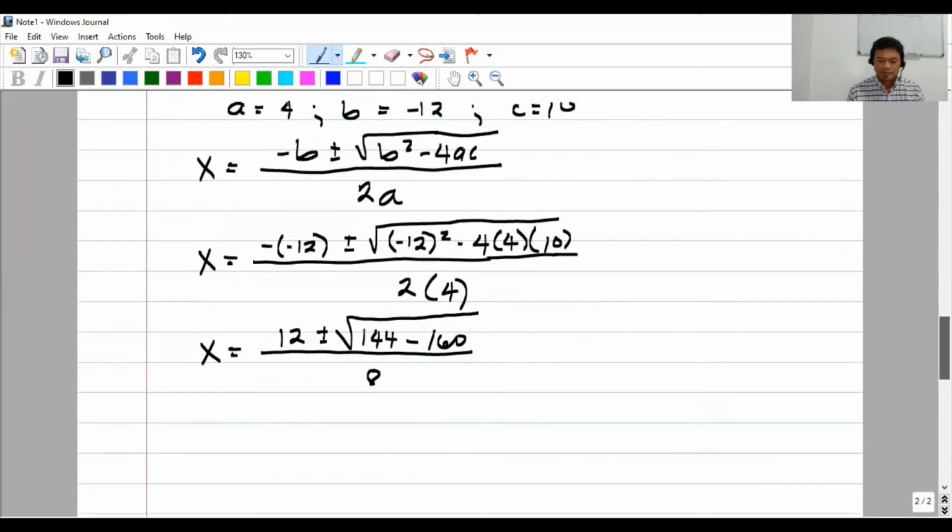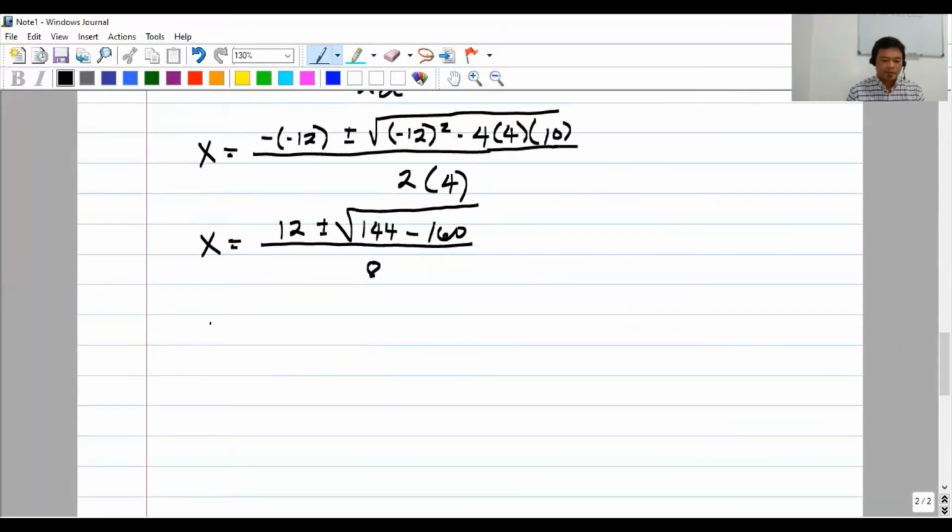And we have x is equal to 12 plus minus the square root of negative 16. So 144 minus 160 is negative 16 all over 8.